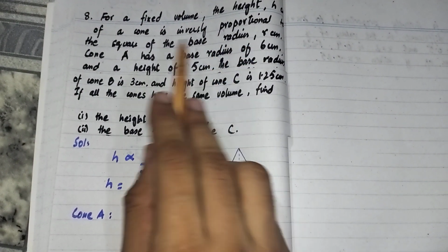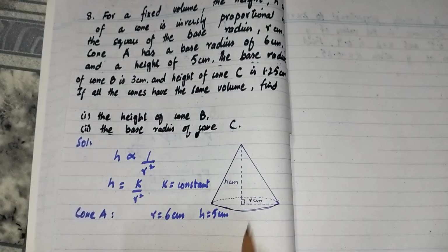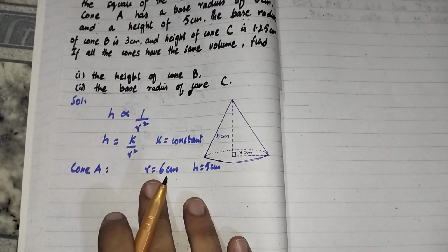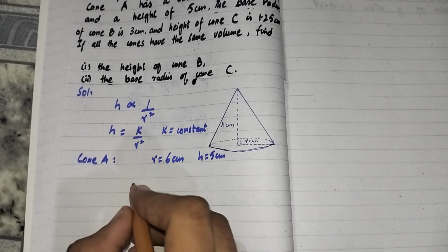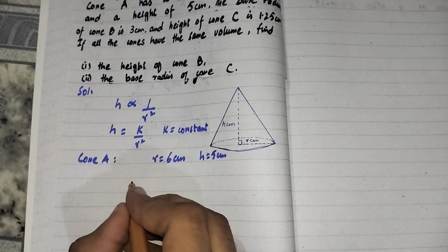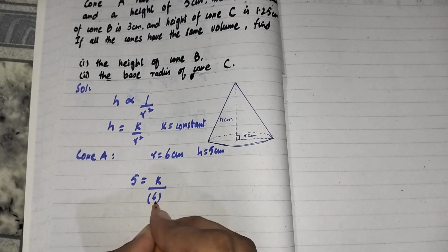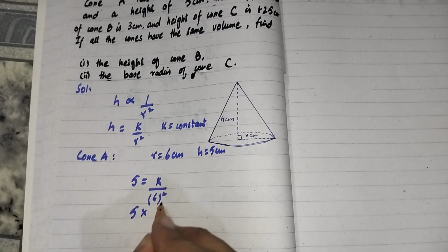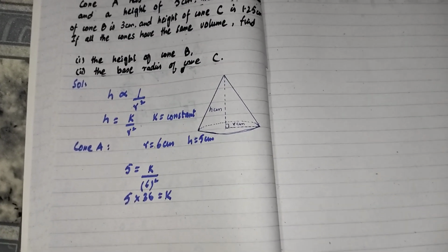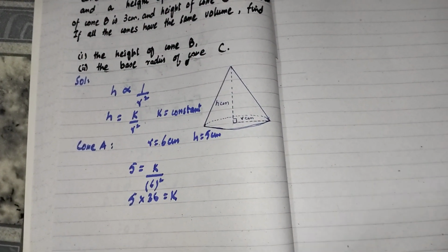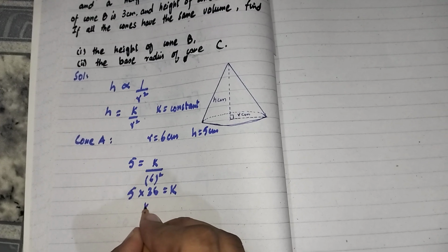By using this radius and height of cone A, we will find the value of k. Putting the values in the relation, h is 5 equals k upon r square, 6 square. So 5 into 6 square, 36, equals k. So the value of k will be 5 multiplied by 36, which is 180. The value of k is 180.